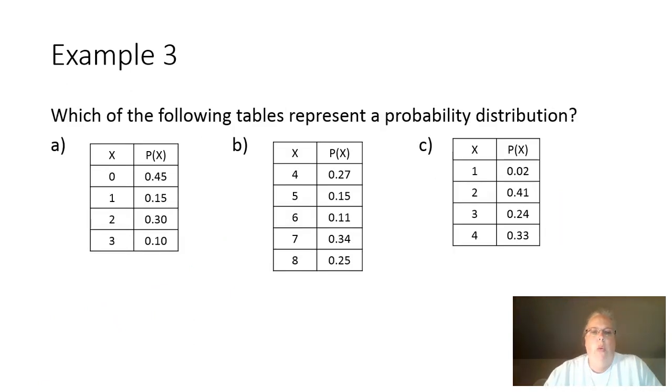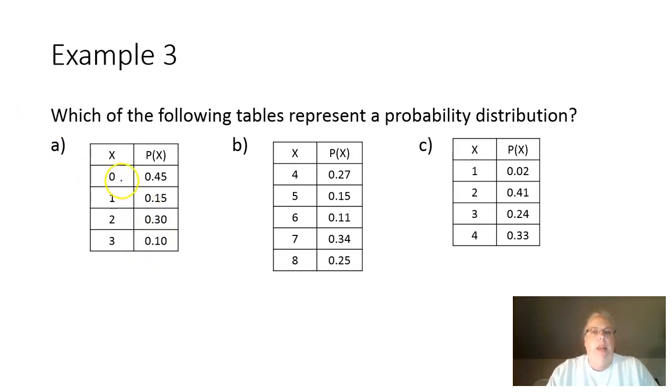Example 3. Which of the following tables represents a probability distribution? Okay, remember the circumstances that have to happen in order for us to have a probability distribution. All the probabilities have to be between 0 and 1, and all the probabilities have to sum to be exactly 1. Not a little over 1, not a little under 1, but exactly 1.